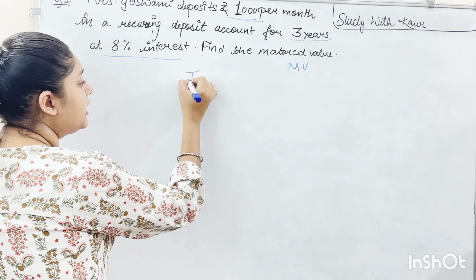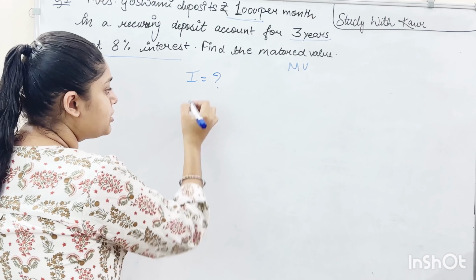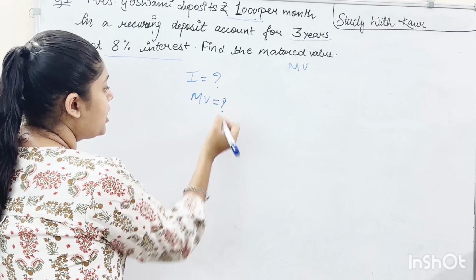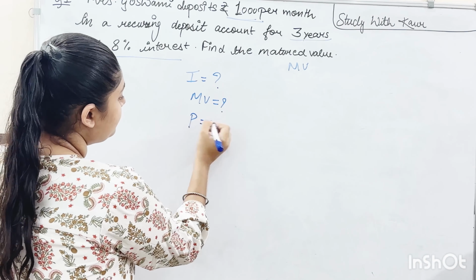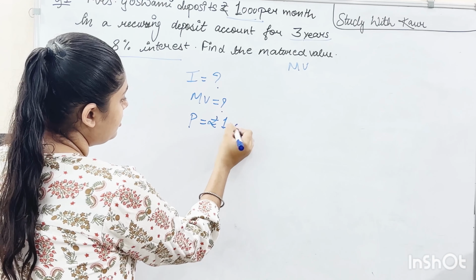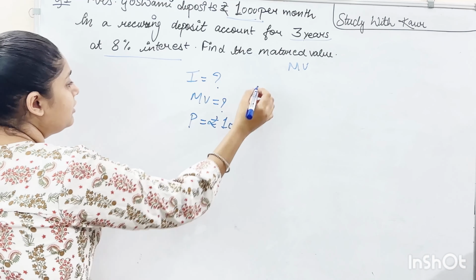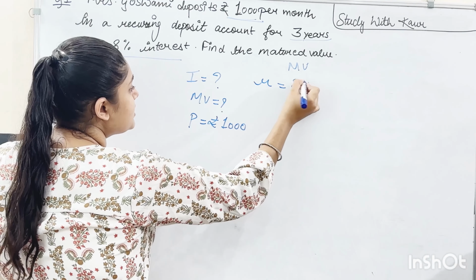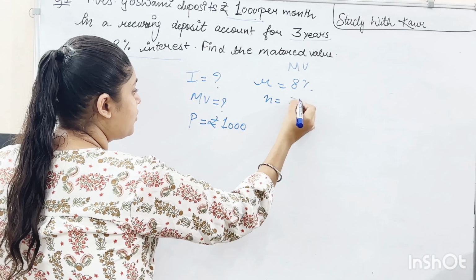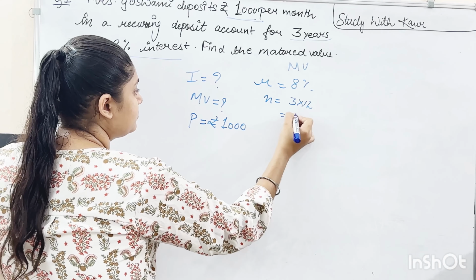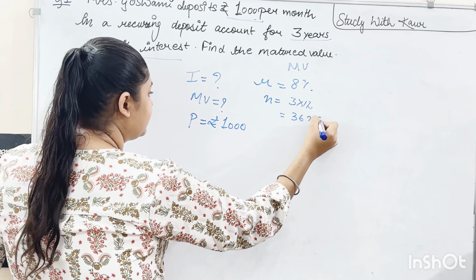Over here, interest is not given, so you have to take out the interest first. P is given, that is rupees 1000. Rate of interest is 8%. And years you have to convert to months, that is 3 into 12, that is 36 months.